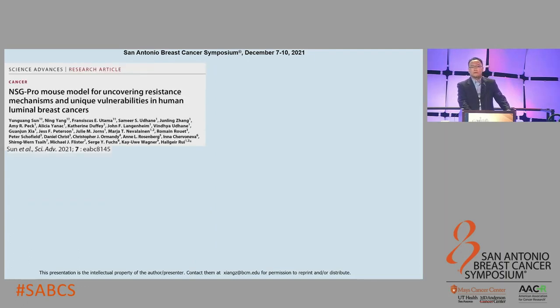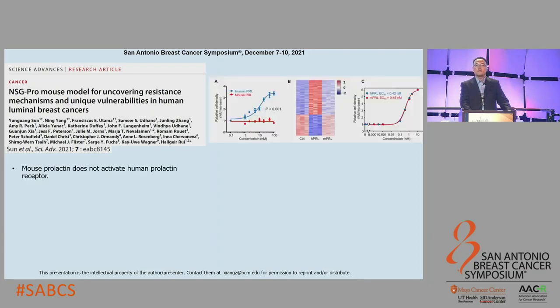The second paper, which is also the last paper of this talk, is regarding prolactin, a new model called NSG-Pro. And this is really useful because although we know prolactin is an important hormone in breast cancer biology, we have had a hurdle to study it because mouse prolactin does not activate the human prolactin receptor.